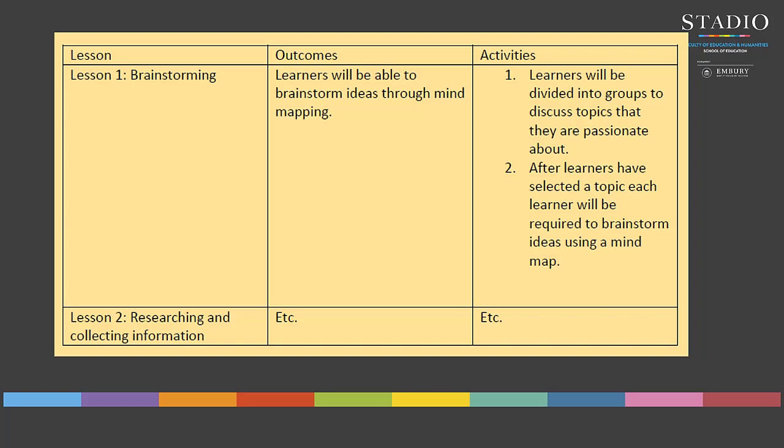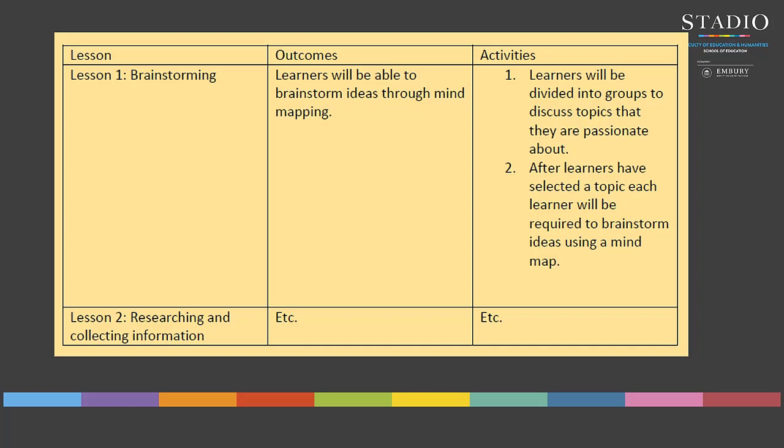The first activity, learners will be divided into groups to discuss topics that they are passionate about. The second activity, after learners have selected a topic, each learner will be required to brainstorm ideas using a mind map. So I have the topic for my lesson, I have the outcomes for my lesson, and I have the activities that I'm going to do in my lesson.